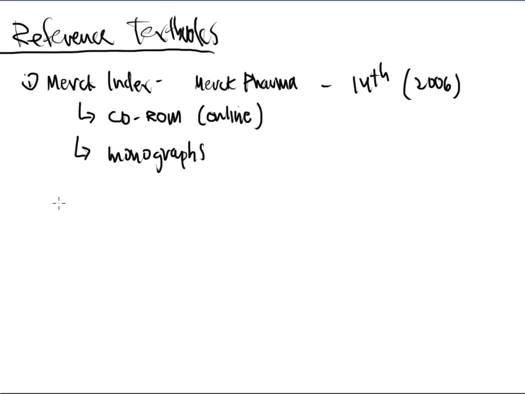So the Merck Index, a little bit of history, started about 100 years ago, and this was basically for Merck Pharmaceutical kind of at the time to go through and give them a reference book that was internal. Imagine working in a laboratory and trying to find physical and chemical data for products every day. And this was getting out of hand.